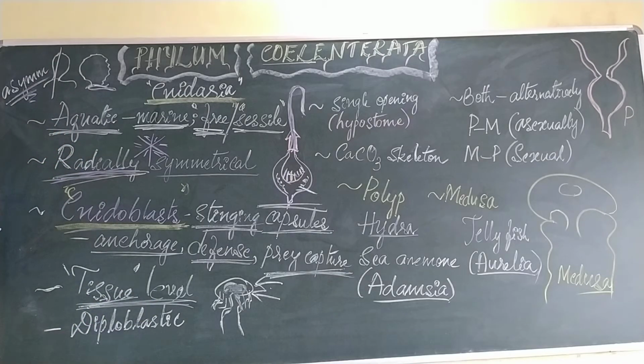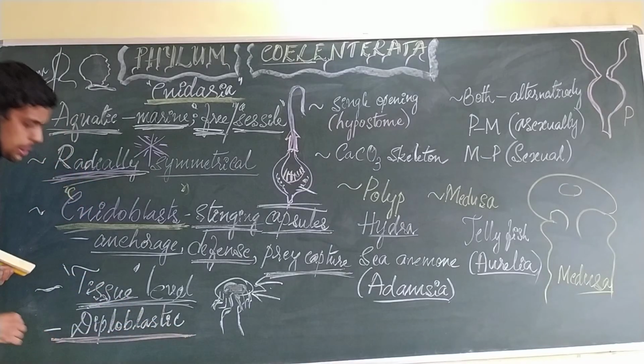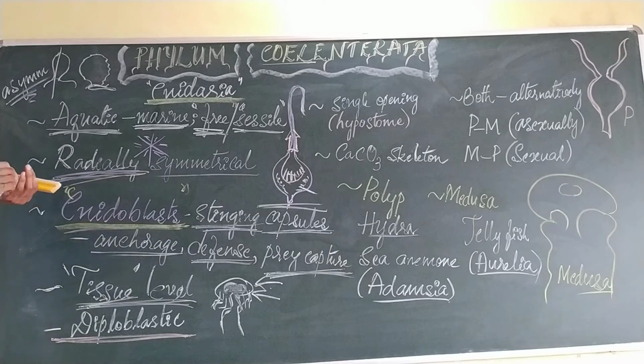And then here the animal body is said to be diploblastic. In the previous class, when I explained the general characters, I had explained that, right? We find an external ectoderm and an internal endoderm, between which we have the mesoderm.